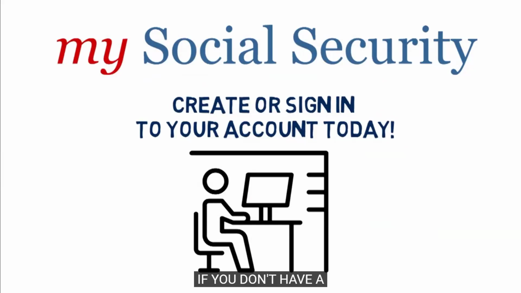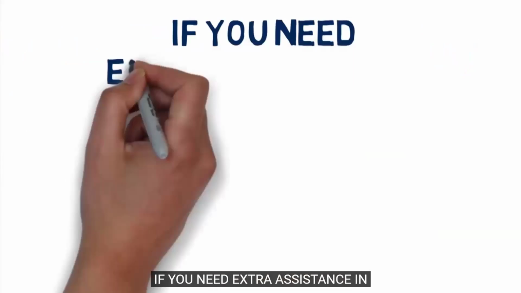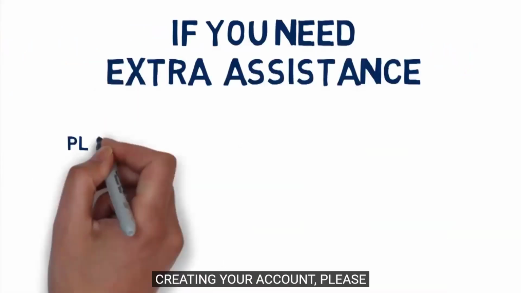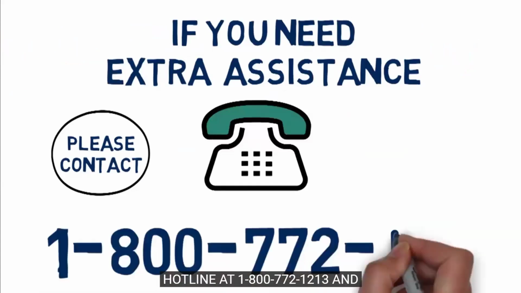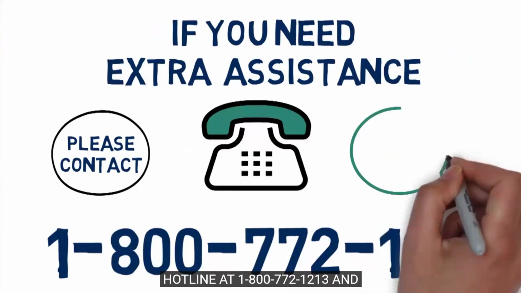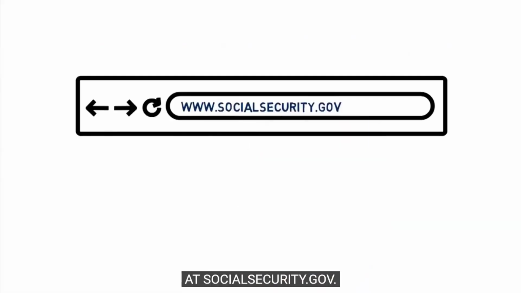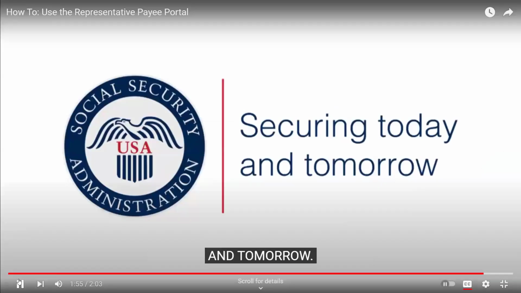If you don't have a My Social Security account, it's easy to create. If you need extra assistance in creating your account, please contact the My Social Security hotline at 1-800-772-1213 and say, Help Desk. See what else you can do online at socialsecurity.gov. Social Security, securing today and tomorrow.